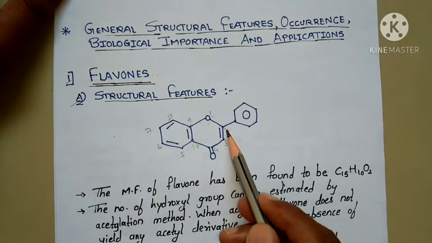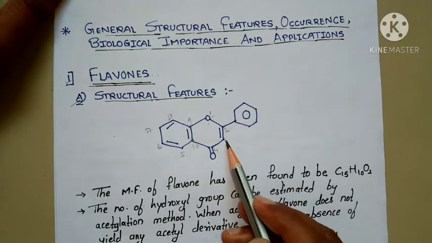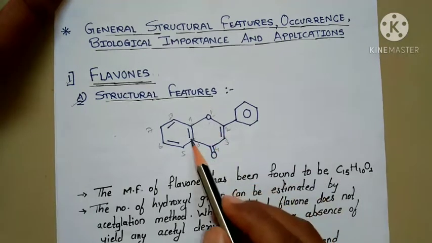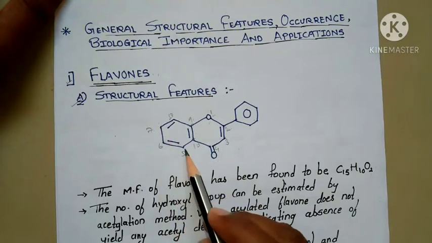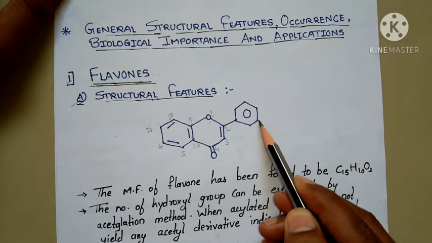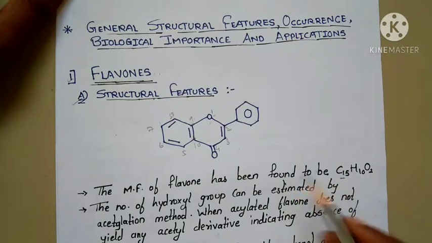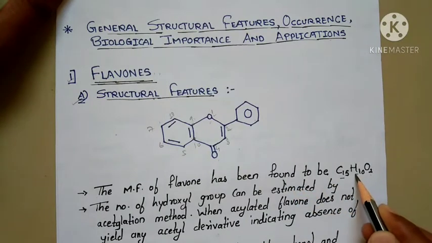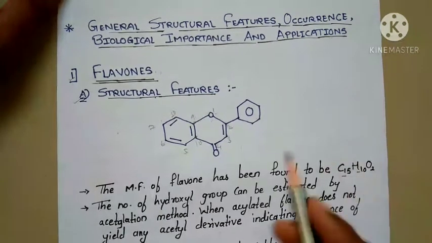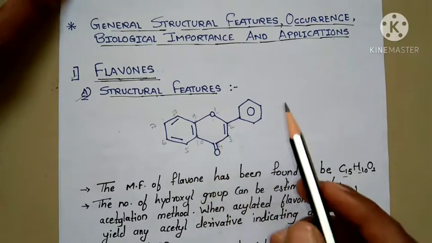One carbon at number 2, then second carbon, third, fourth, fifth, 6, 7, 8, 9, then 10, 11, 12, 13, 14 and 15. So there are 15 carbons in the structure. Then next, the hydrogen part: there are 10 hydrogens in our flavone structure.